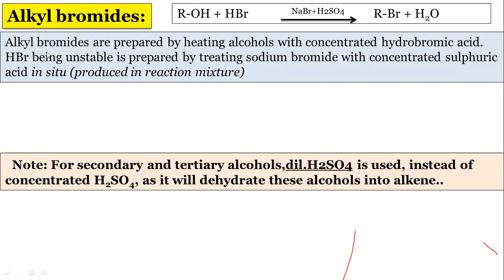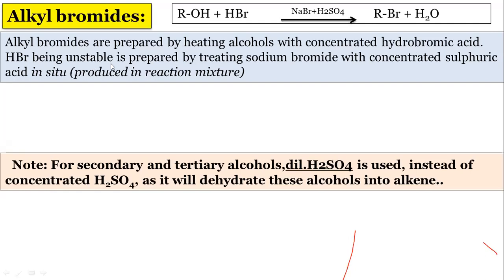Like HCl, we can't prepare HBr because it is unstable. It is prepared in situ. In situ means at the time of reaction mixture, and then it reacts. So alkyl bromides are prepared by heating alcohols with concentrated hydrobromic acid.